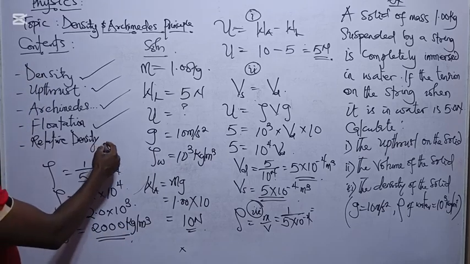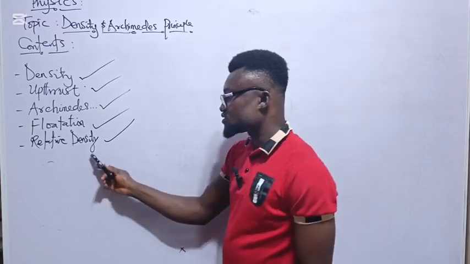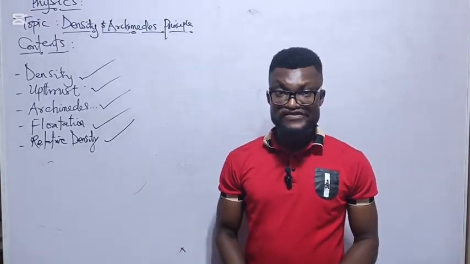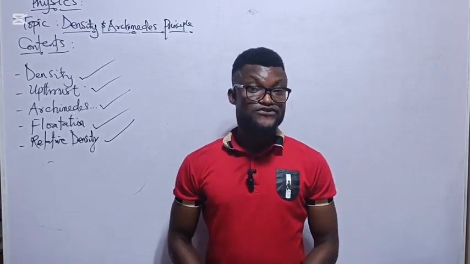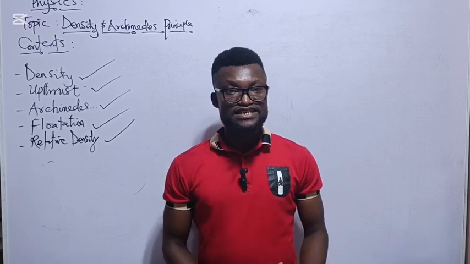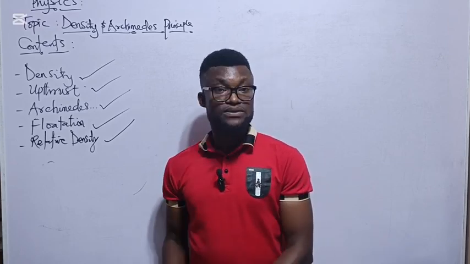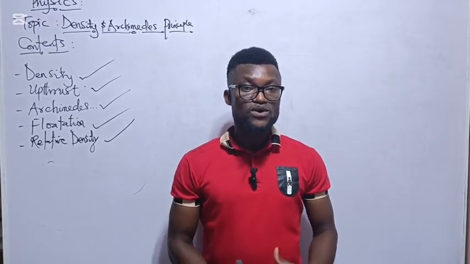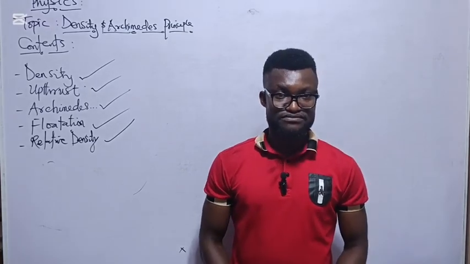Now, let's move into relative density. So, coming to relative density, what is relative density? Relative density is a measurement of the density of a substance relative to the density of water. So water is taken as a reference here.